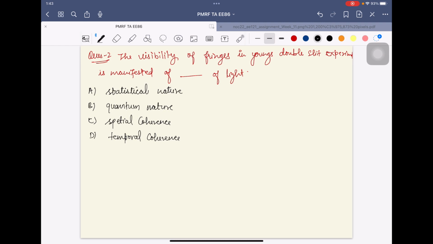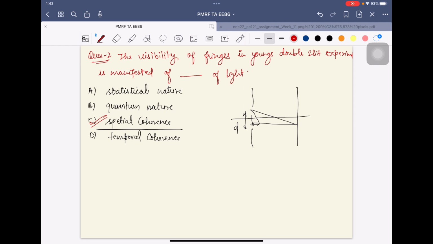As we saw earlier, in Young's double slit experiment the path difference is given by the distance d between the two slits, so it means this manifests as spatial coherence. So spatial coherence is the correct answer.